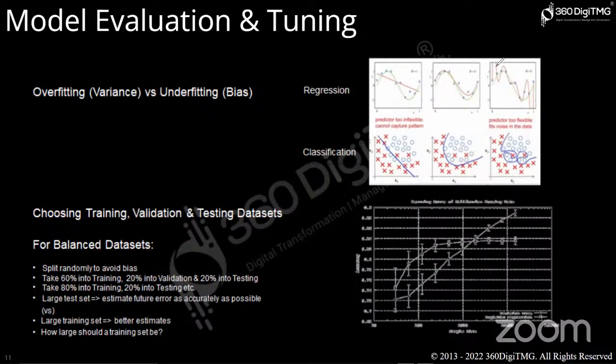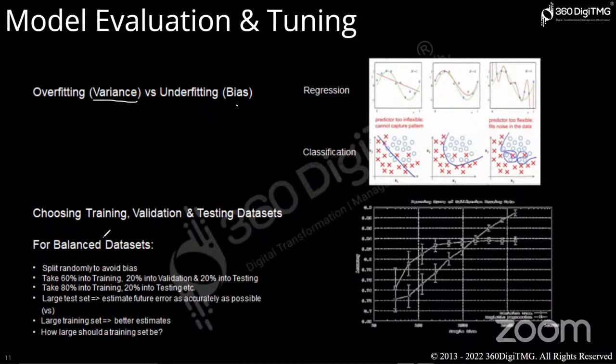This is overfitting because we are trying to train on every part of the given data. So these are some examples of overfitting and underfitting issues. Overfitting is also known as variance. Underfitting is also known as bias.